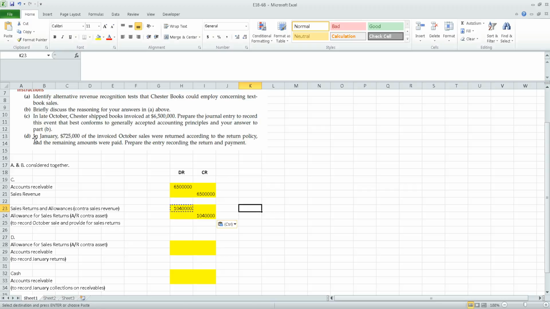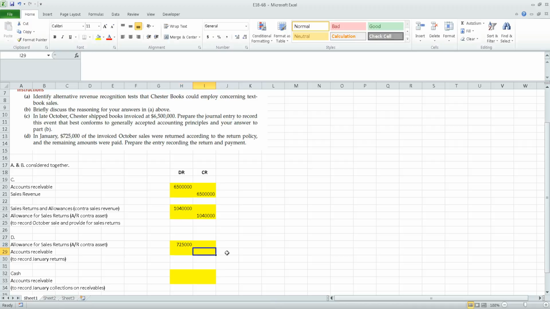Okay, so now we're in Part D of the problem. Part D of the problem rolls forward to January. Now it's January, and we're told that in January 725,000 of those sales that we made back in October were returned. So to book that, we're going to debit that contra asset, the allowance for sales returns, $725,000.